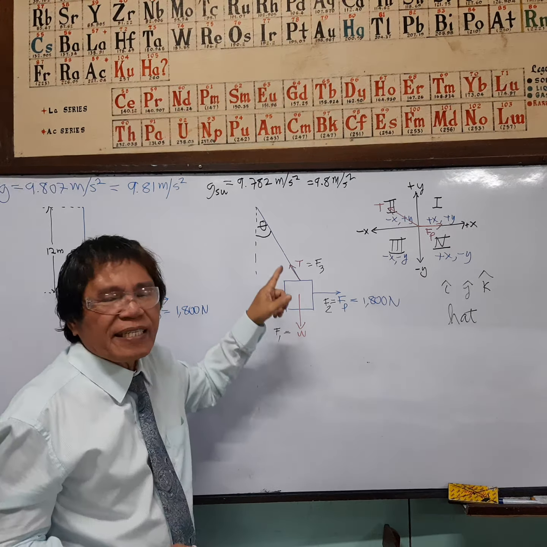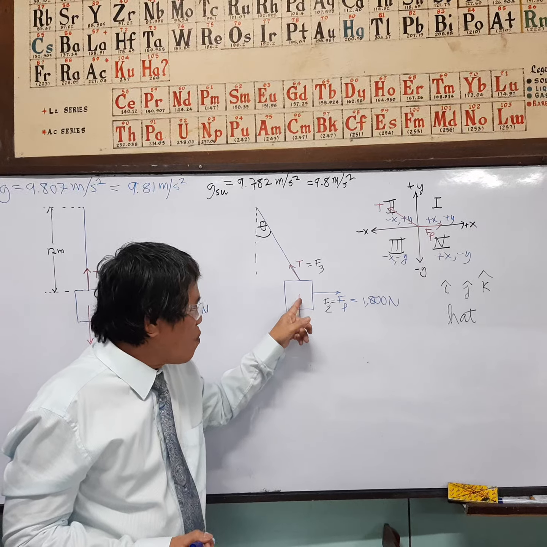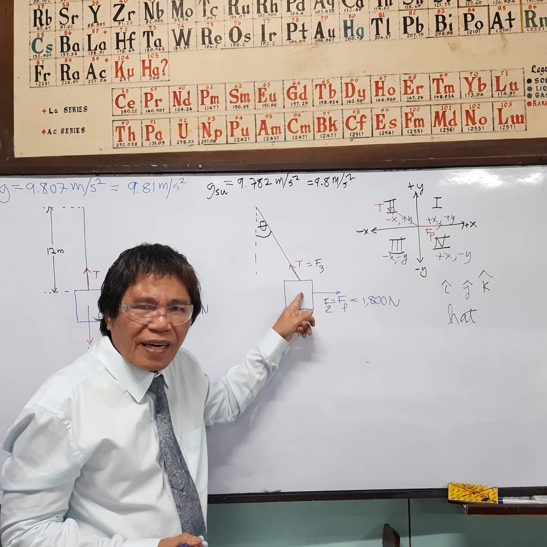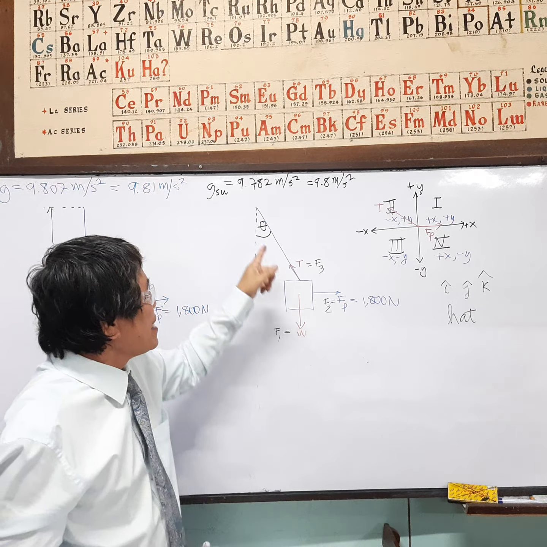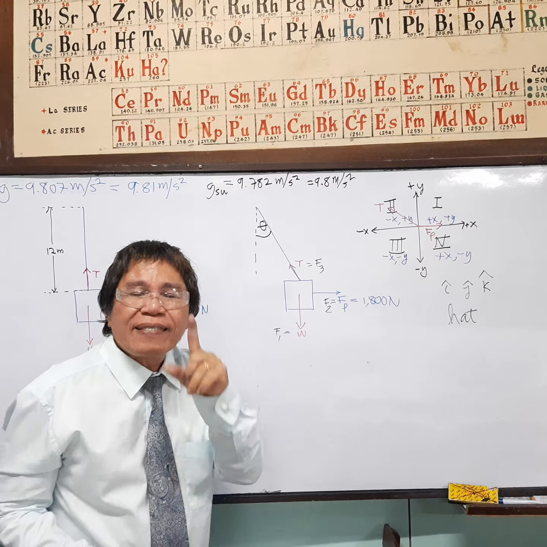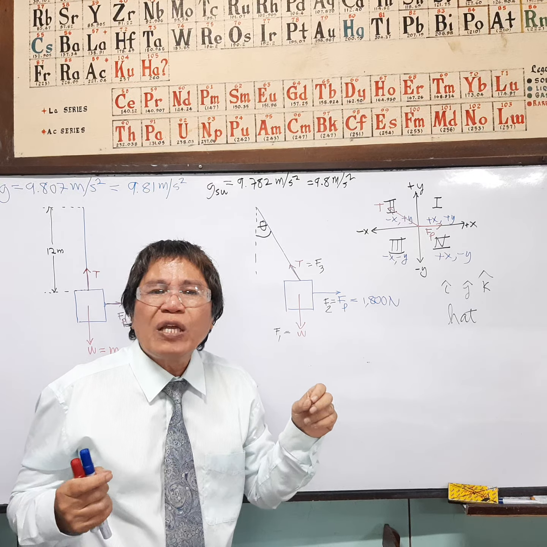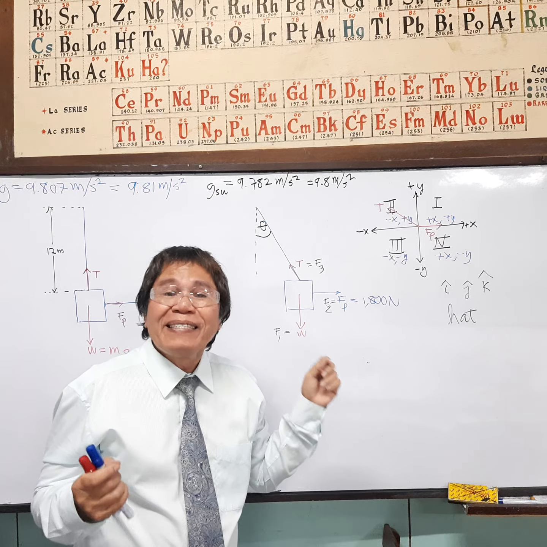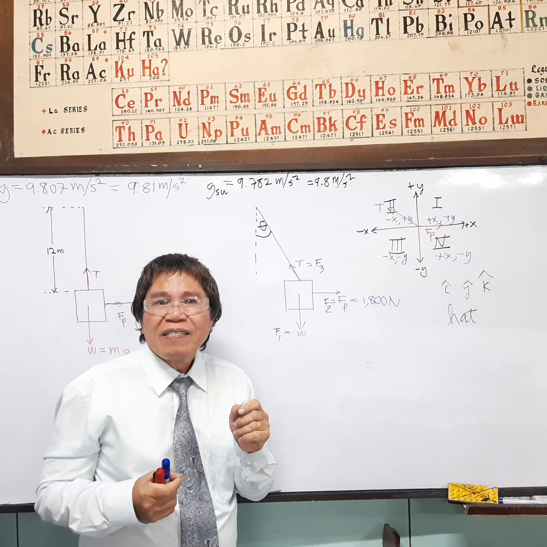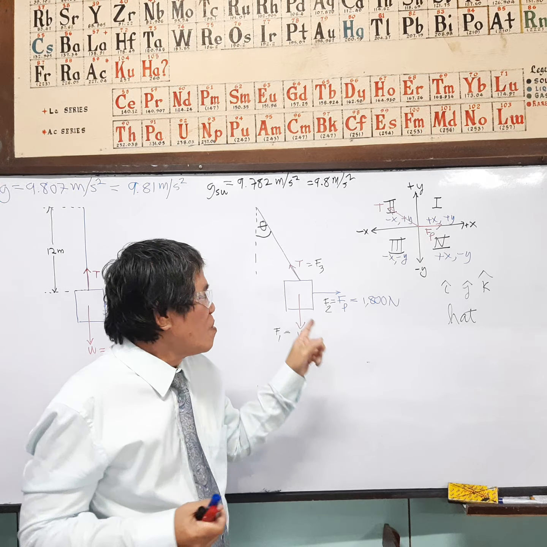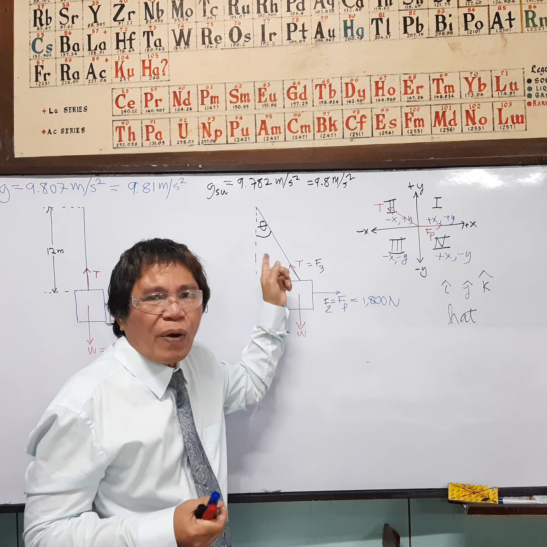Because if theta is not yet the equilibrium angle, the 1,800 newtons will continue to pull this one until it attains the required angle theta. And at that required angle theta, there is equilibrium. When we say equilibrium, the crate now will be at rest. The pulling stops there. No more moving the crate farther because the maximum angle required has been attained.